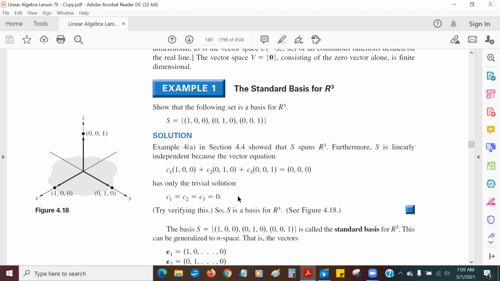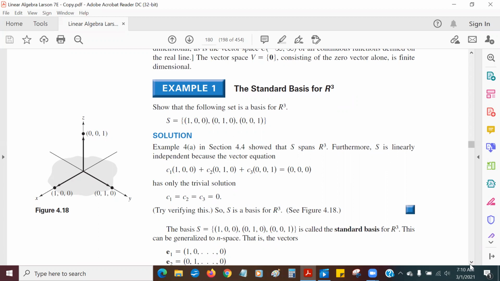We call this the standard basis. Now, notice that the standard basis for R3 consisted of three vectors. Is that a coincidence? It's not a coincidence, because the standard basis for R2 has two vectors: (1, 0) and (0, 1).